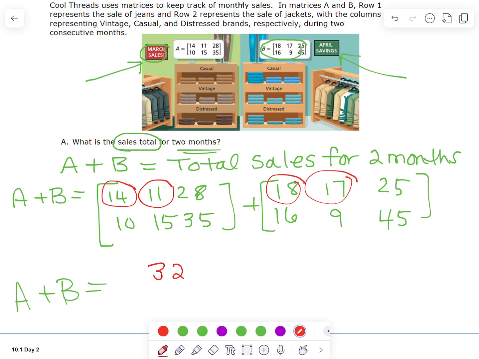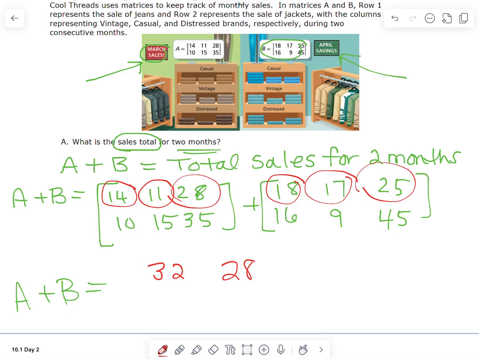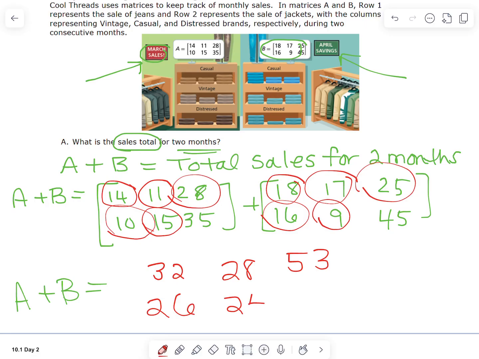Gotta erase here. 28 here. And then these two here, giving us 53. 10 and 16, 26. 15 and 9, 24. 35 and 45 is 80.